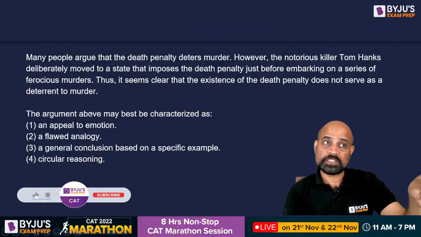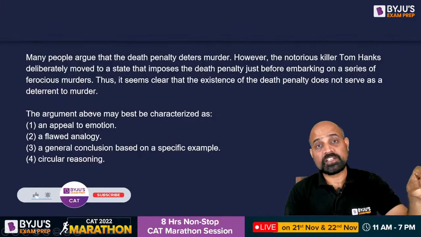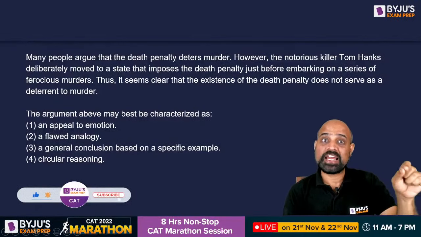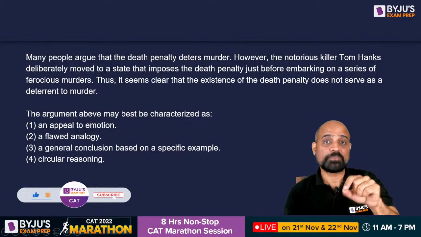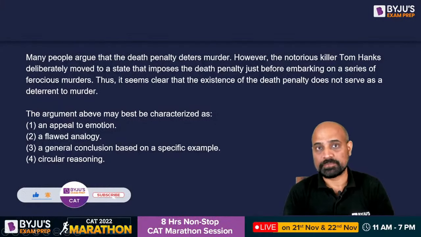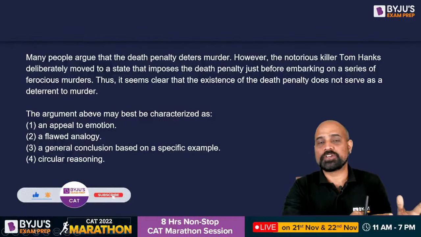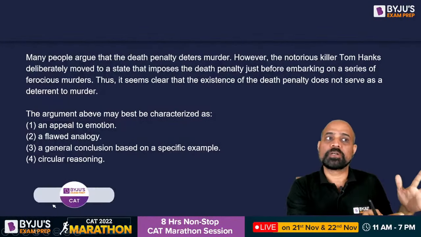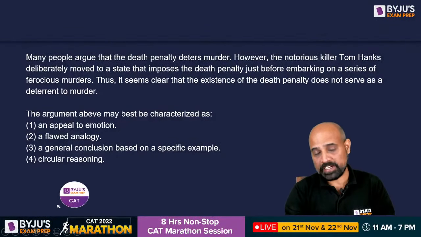So he moved to a state where the state used to impose death penalty on murderers. But he moved there, and there he killed people. So this example tells us that death penalty doesn't actually deter murders. So death penalty has got no effect whether someone is going to kill or somebody is going to be killed or not, right? That's what the essence of the paragraph is.